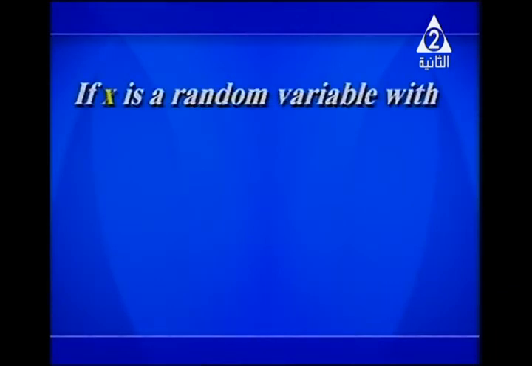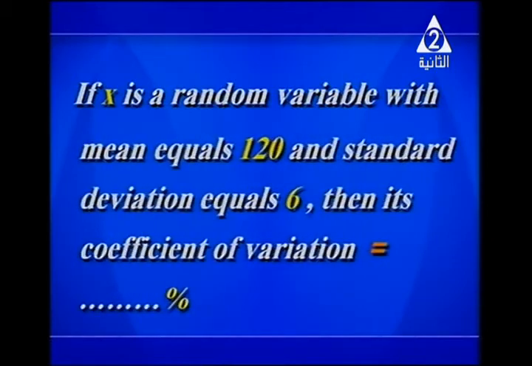As an example, if X is a random variable with mean equals 120 and standard deviation equals 6, then what is its coefficient of variation? Remember, dear student, X is a random variable with arithmetic mean mu 120, and standard deviation sigma equals 6.